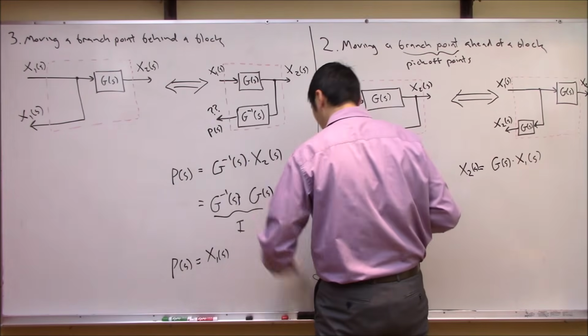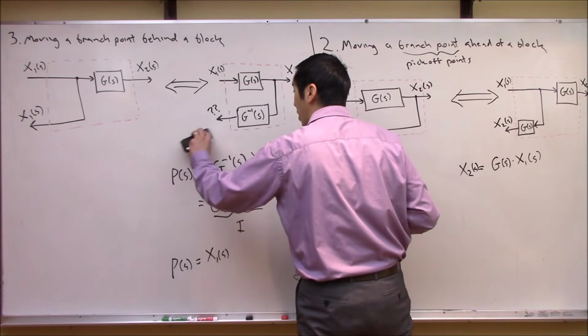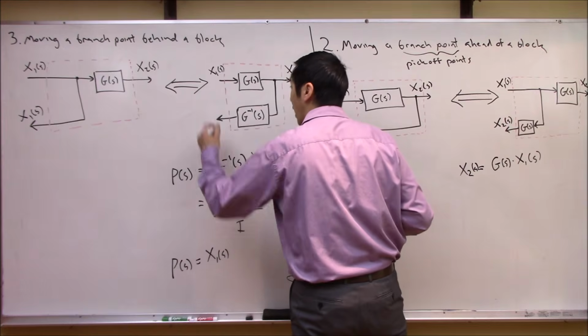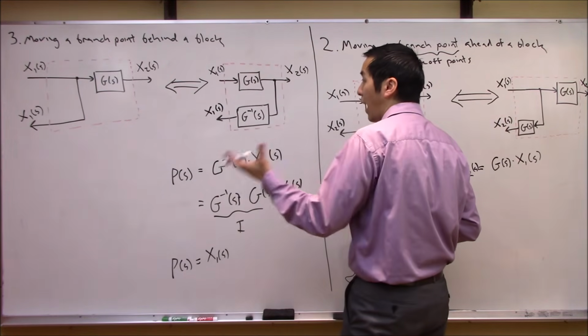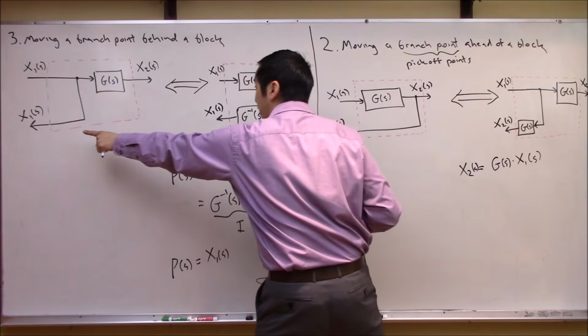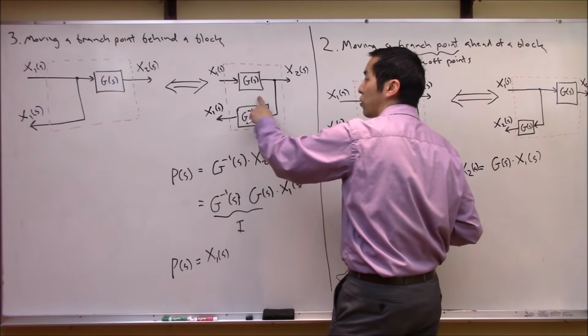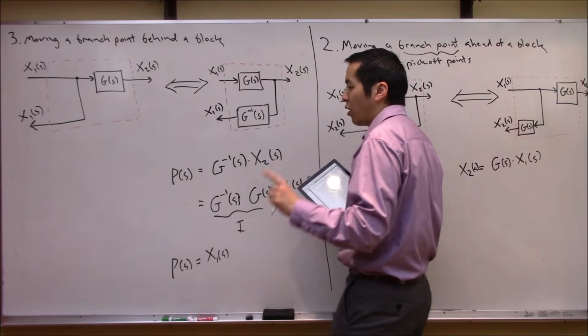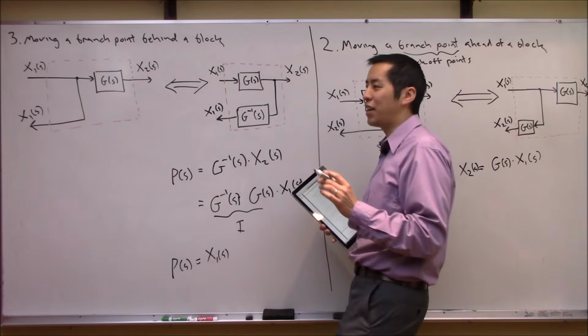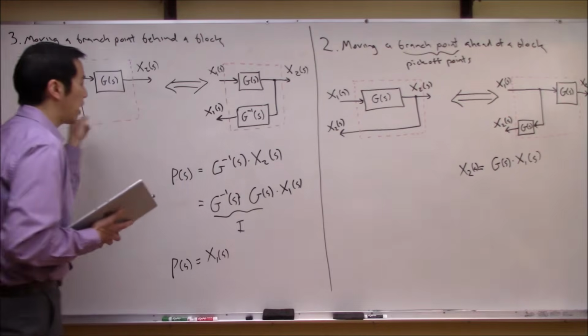So instead of calling it P of s, we can call it x1 of s. Now the left-hand side inputs and outputs are exactly equal to the right-hand side inputs and outputs. So with this slight caveat, we can see that these two diagrams are identical.